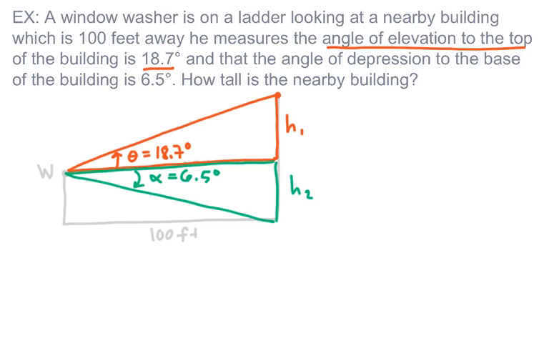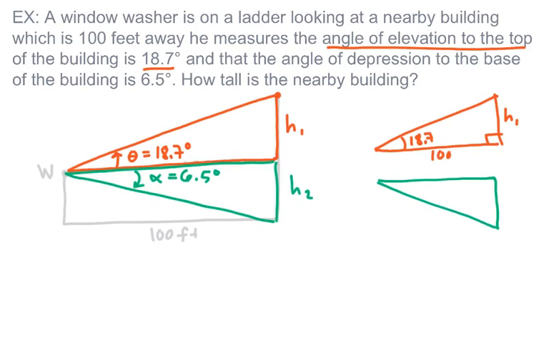So I have two small right triangles to solve. I'm going to draw them each over here on the side. They may not be to scale, but I've got my angle, 18.7. I know this is 100, and there's my H1, as well as this triangle here with an angle 6.5, again a measure of 100, and height 2.